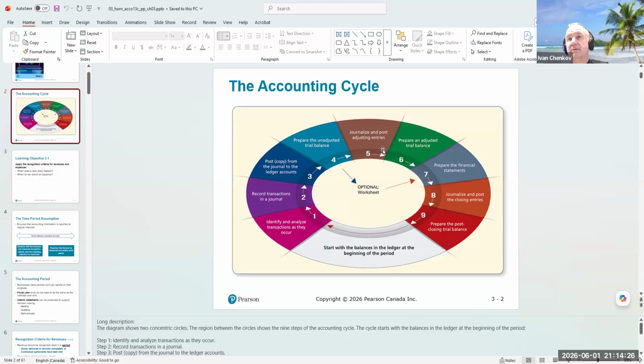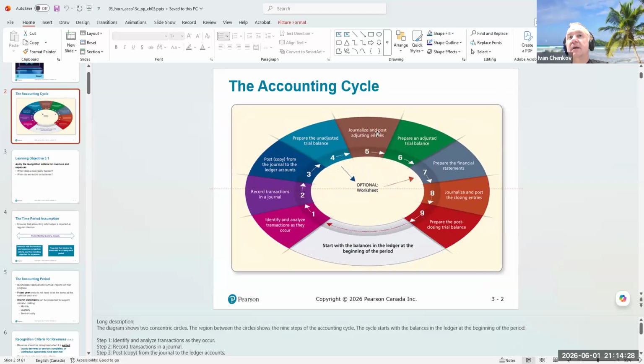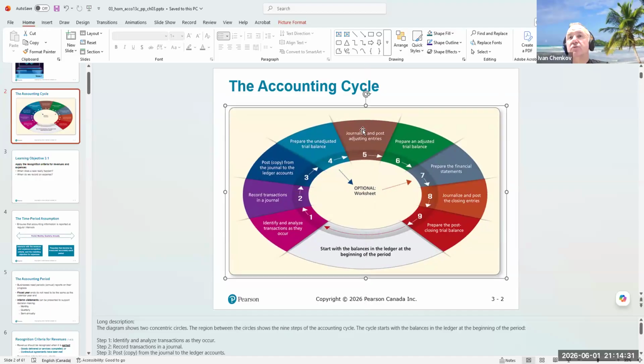There are no events here. The only event that happened is we have to identify: is the revenue revenue? Is the expense expense? If the revenue is not revenue, that means it's a liability. If the expense is not expense, that means it's an asset.